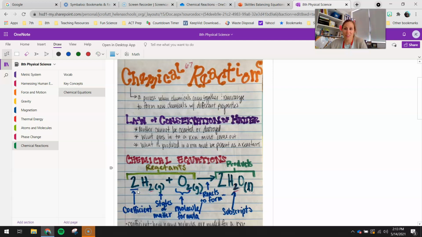Those are going to help you with this. If you haven't done those, this might not make sense at all, but coefficient should be a word that you know from those two assignments. So the big number in front of a molecule or an atom is called the coefficient, and it tells us how many molecules or atoms we have.